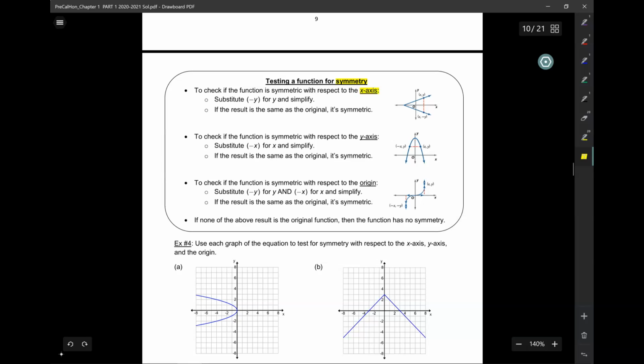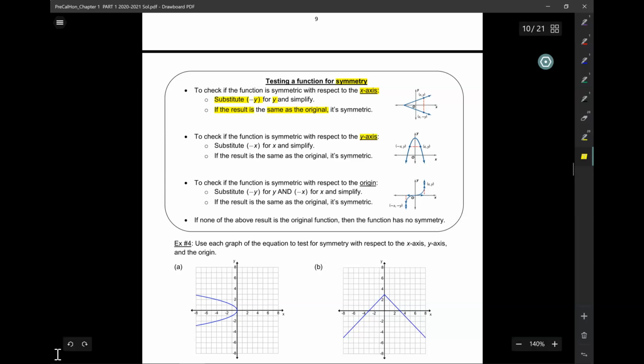If a function is symmetric with respect to the x-axis, you see in the diagram to the right how it looks. You could fold over the graph along the x-axis and the upper and the bottom parts will match. How do we test for symmetry? You have to substitute -y for y and simplify. If the result is the same as the original, it's symmetric around the x-axis.